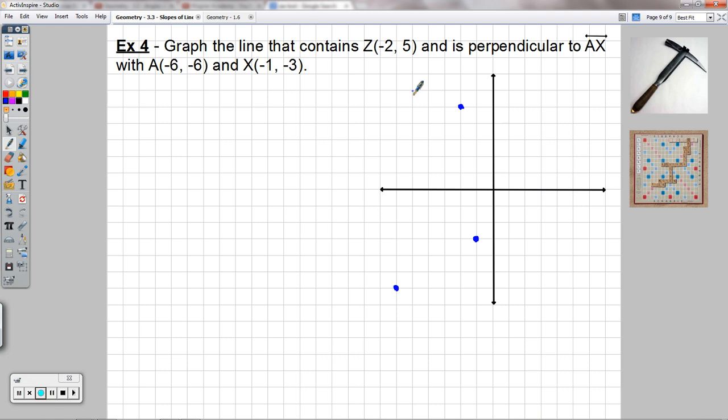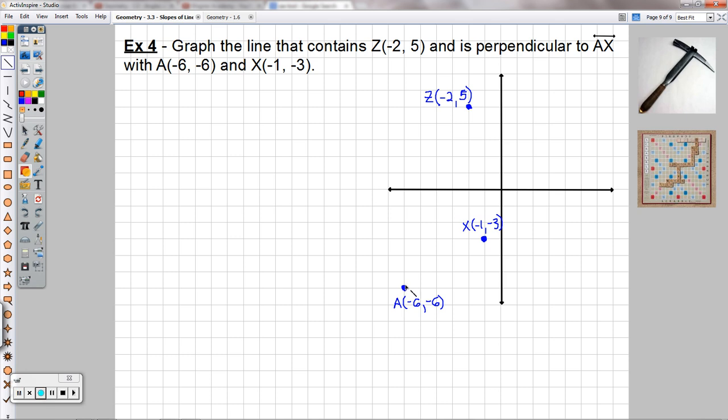So here's Z. I'm going to label the coordinates on this one with the whole thing. This is -2, 5. This is A at -6, -6. And right here we have X at -1, -3. And so let's connect these with a line.